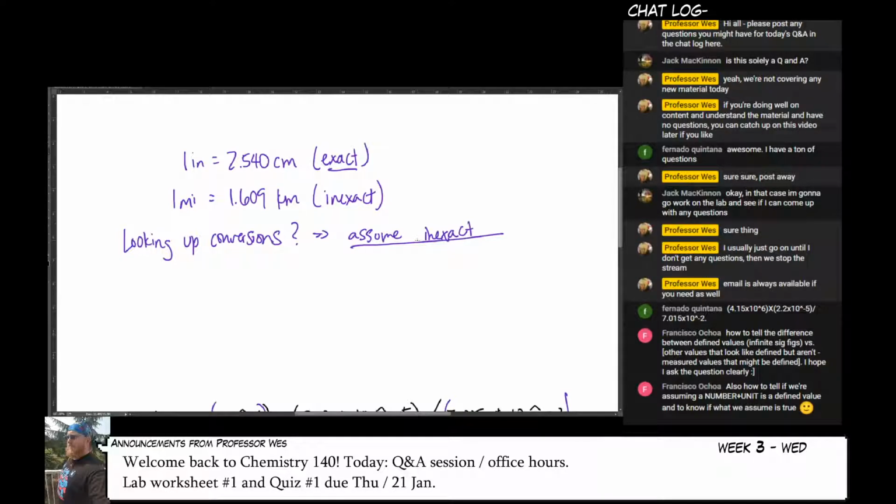Generally speaking, remember that exact numbers are only things that are defined. So an example of defined would be metric to metric. Like we define a kilogram as 1,000 grams. Like we just said that. That's true. Or anything that's counted. The other example that I could use is, I used the word exact.